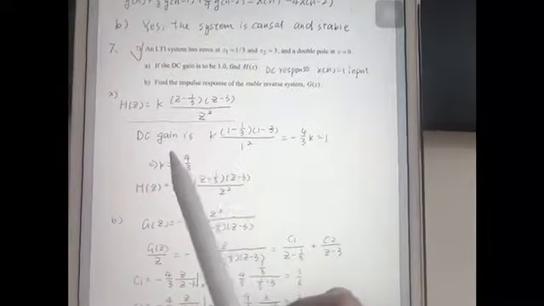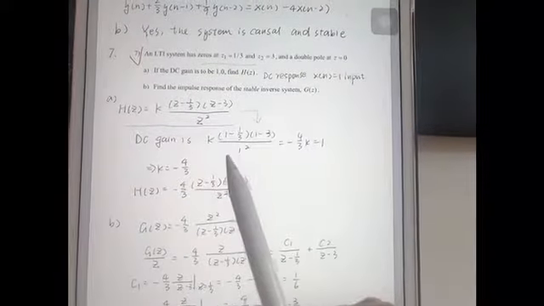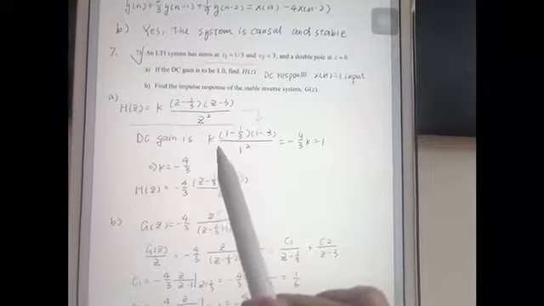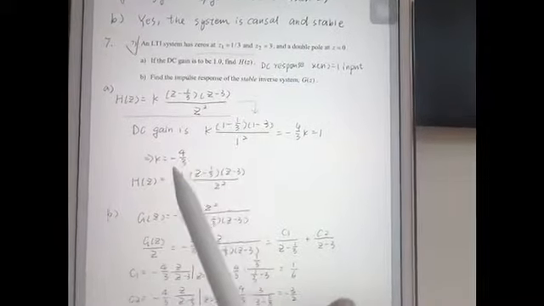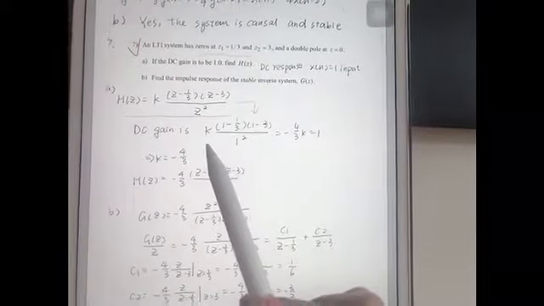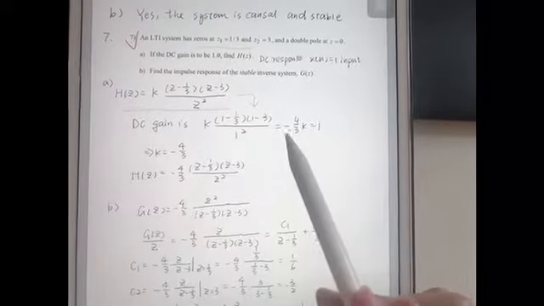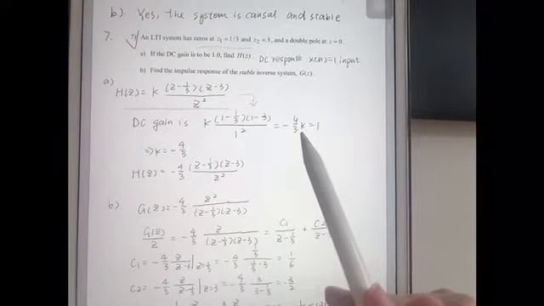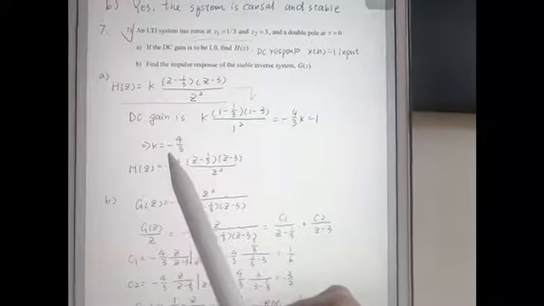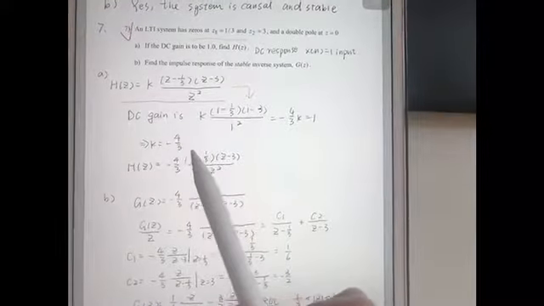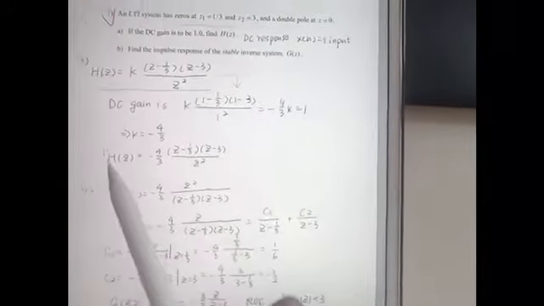So when the input is 1, we let z equal 1 in the basic expression. We get minus 4 divided by 3 multiplied by k equals 1. So k equals minus 4 divided by 3.